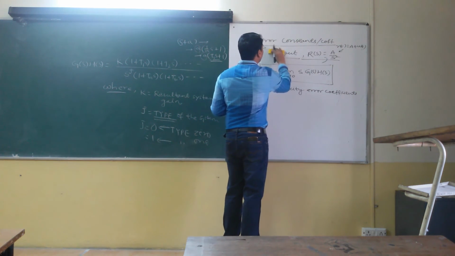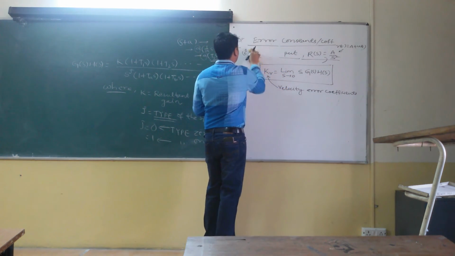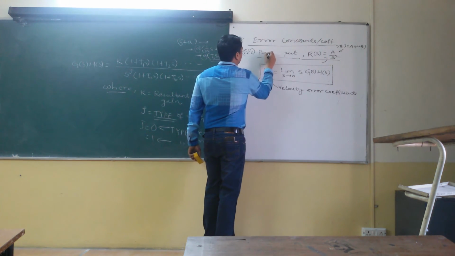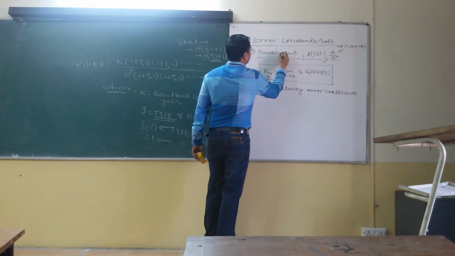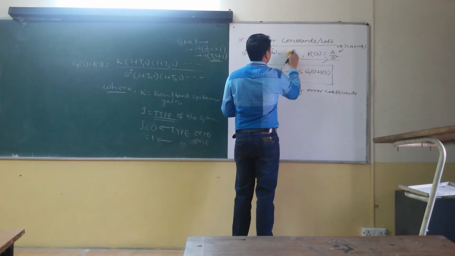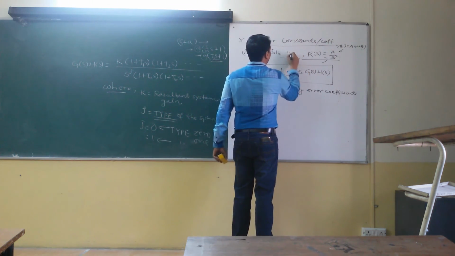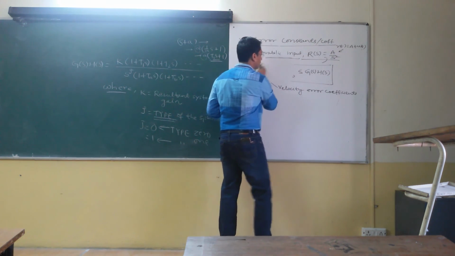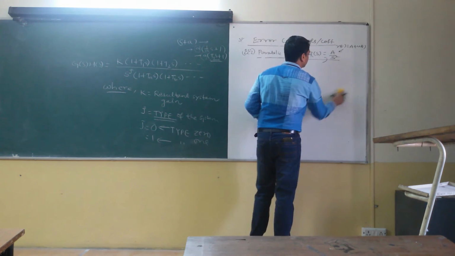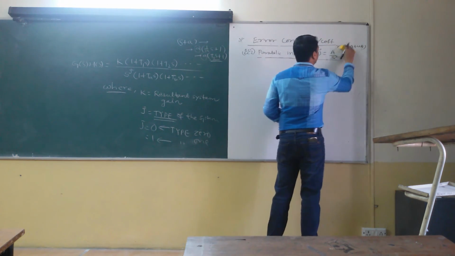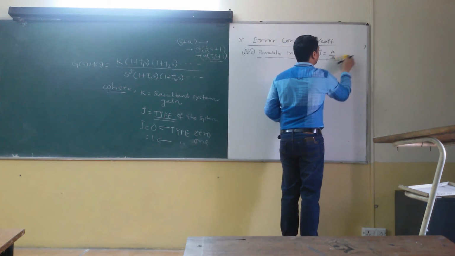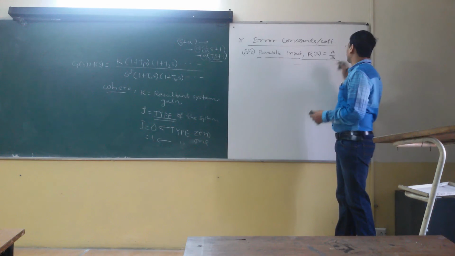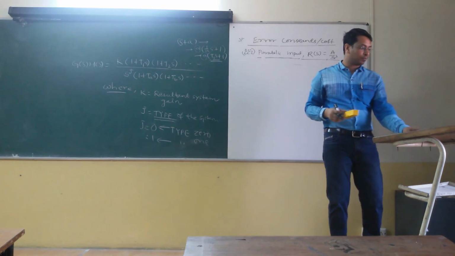Similarly, you can define one more error coefficient in case 3. This is for parabolic type of input. What can it be for parabolic input? A upon s cube. Correct?